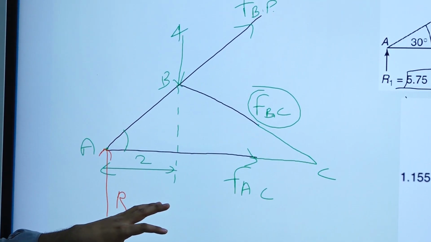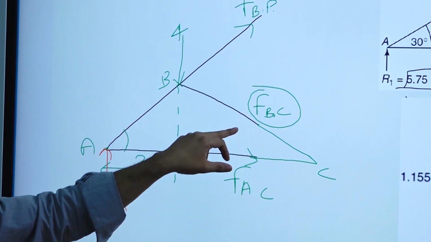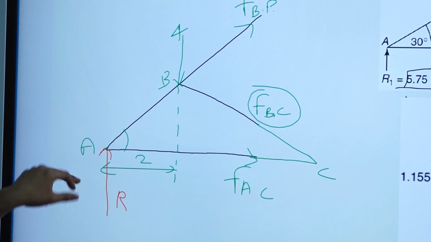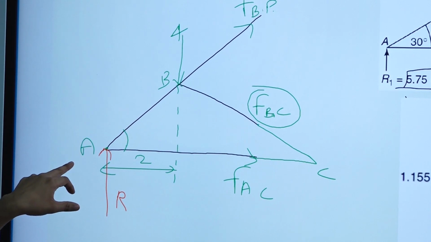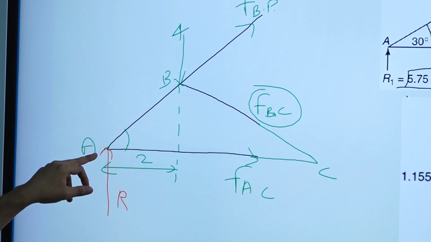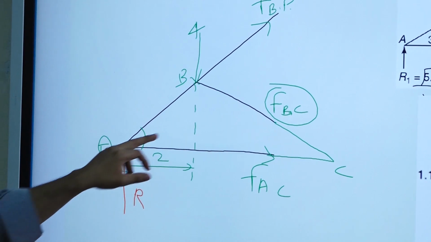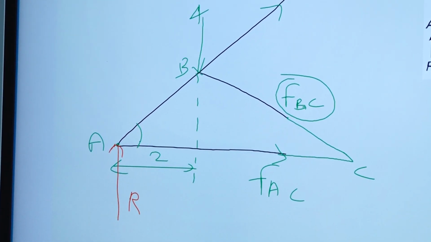So what they are asking, FBC, and FBC is not passing through point A. Same way 4 kilonewton force is not passing through point A. So if we take moment about point A, then we can easily find out FBC, right.